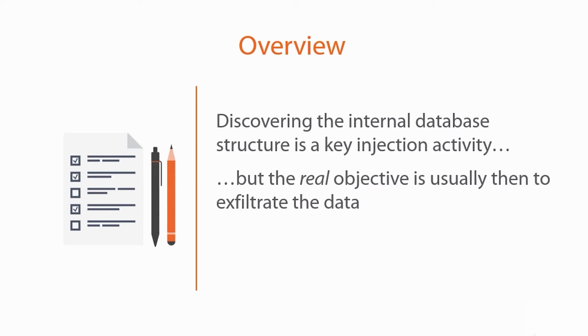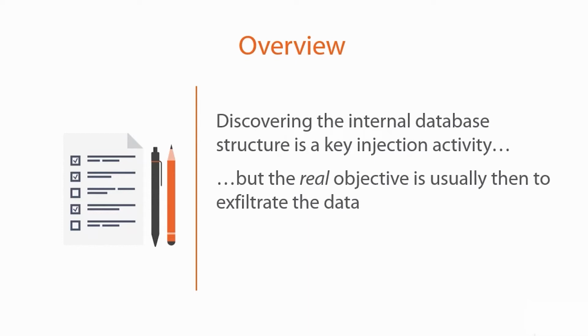We want to actually get the data out. Now, of course, sometimes SQL injection involves inserting data, updating data, running system commands. But evidently, one of the most malicious things that happens in a SQL injection attack is data being taken from the system. And that's what we're going to start to do in this module.